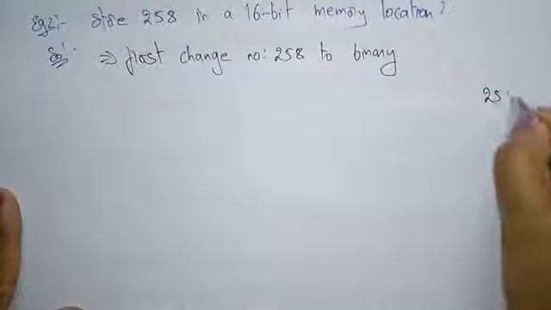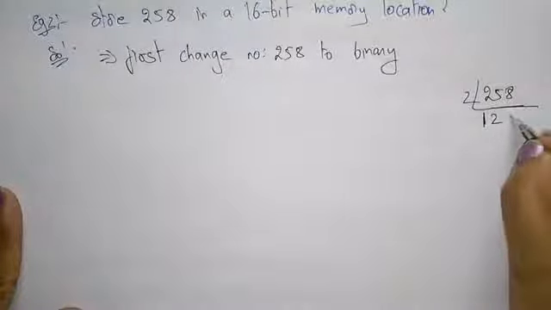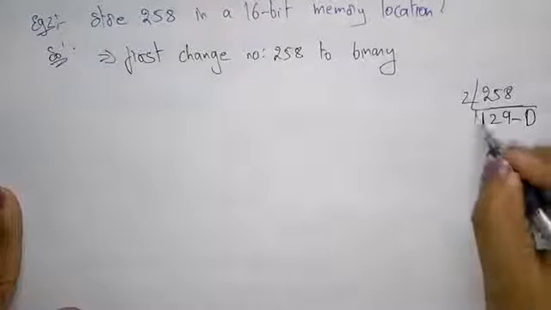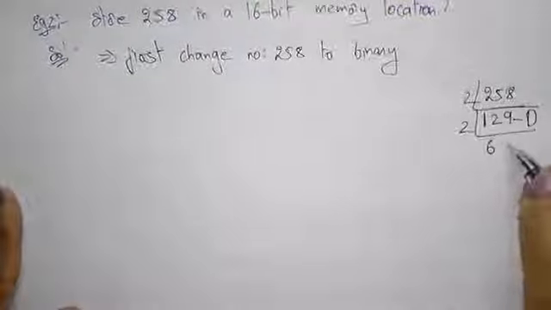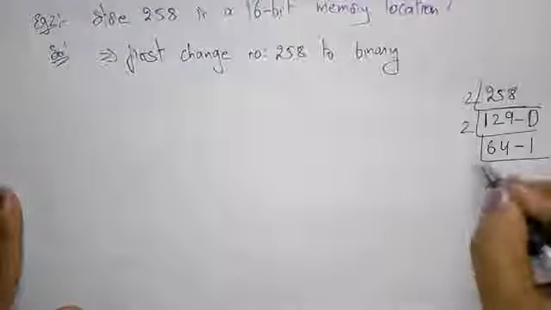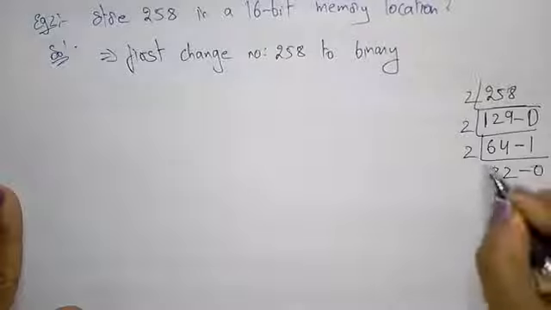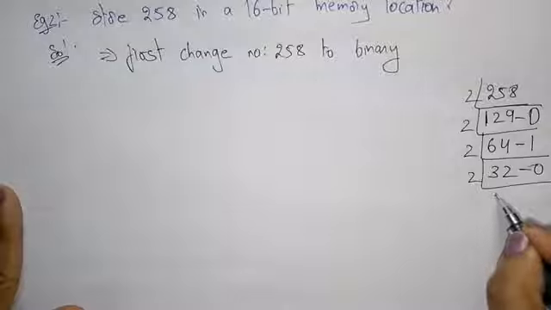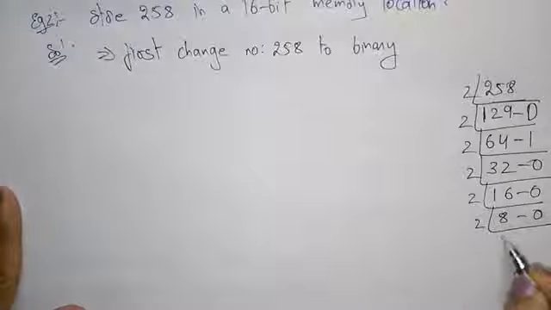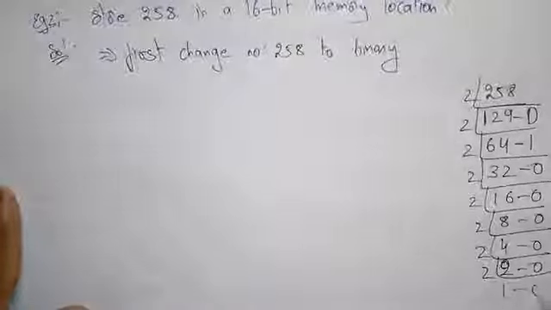Let's calculate. 258 divided by 2: 2 1s are 2, 2 2s are 4, you will get 1 here, and 2 9s are 18, so 0 is the remainder. 2 6s are 12, 2 4s are 8 and 1 will be the remainder. 2 3s are 6, 2 2s are 4 and 0 is the remainder. 2 8s are 16, 0 is the remainder. 2 8 0, 2 4 0, 2 2 0, 2 1 0.